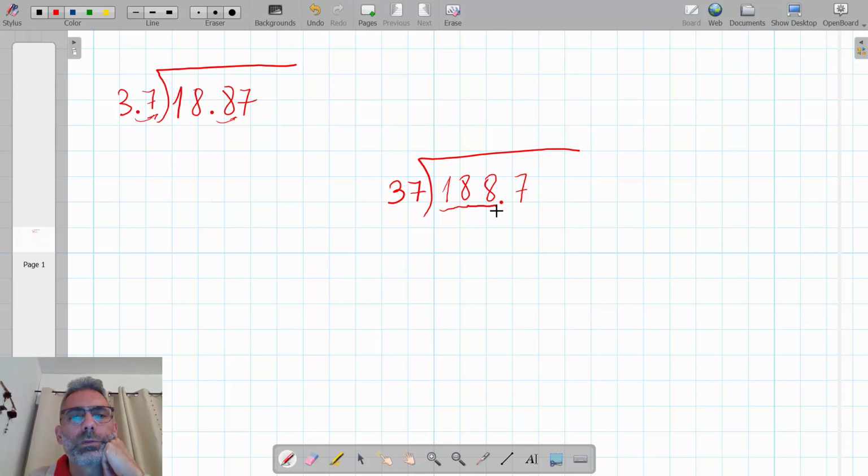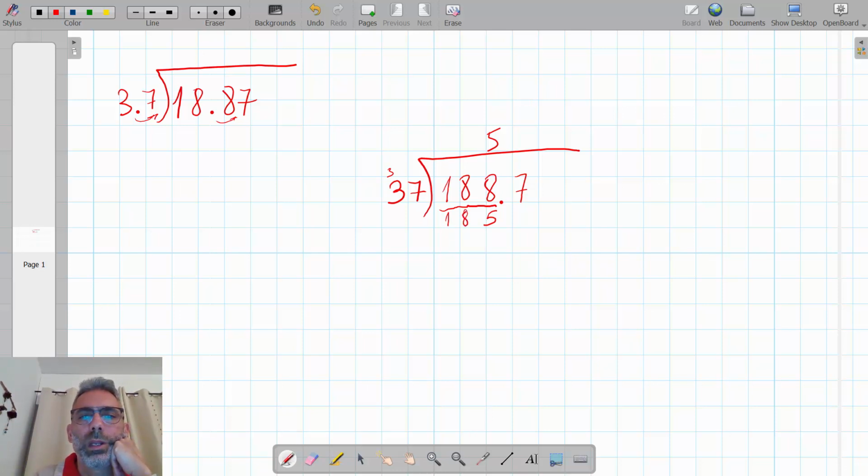No, 6 is too much. 5 times 30 is 150. 5 times 7 is 35 more. 150 and 35 is 185. Right, okay. 5 times 7 is 35. 5 times 3 is 15, plus 3 is 18.